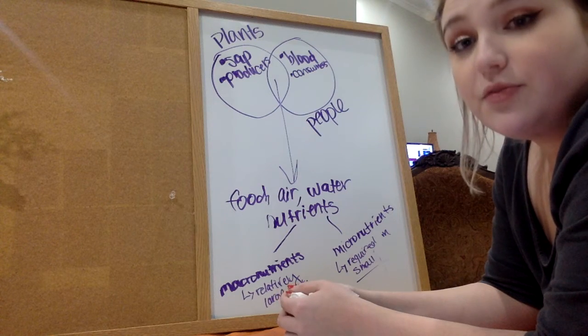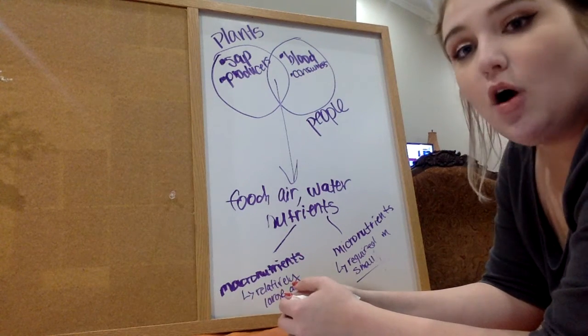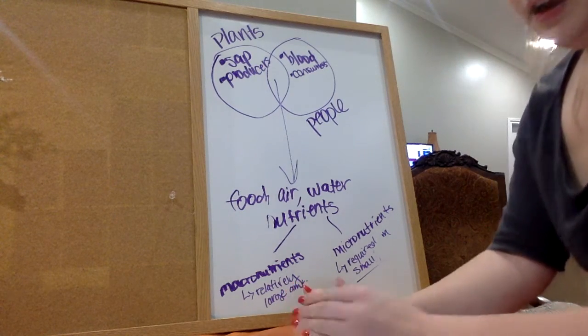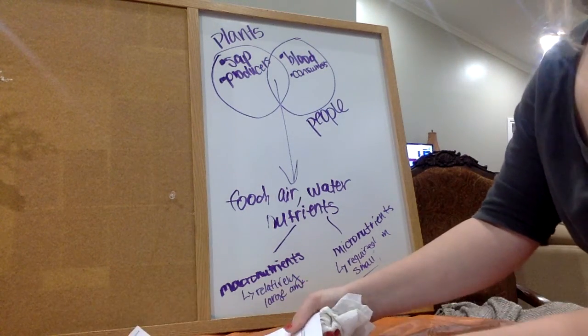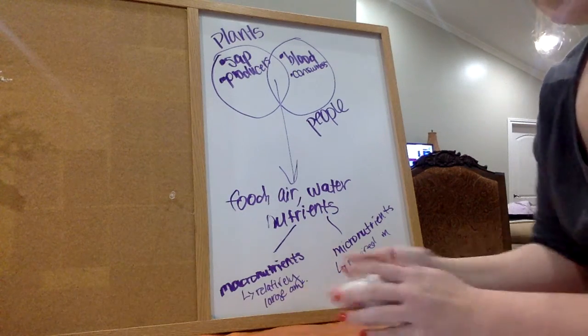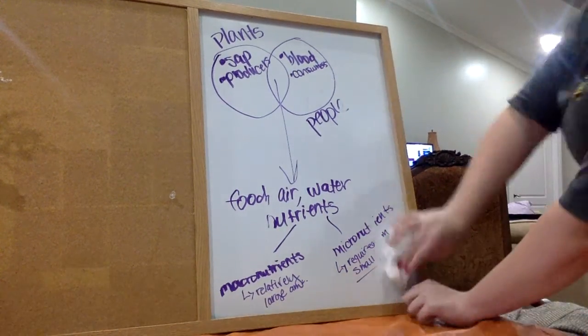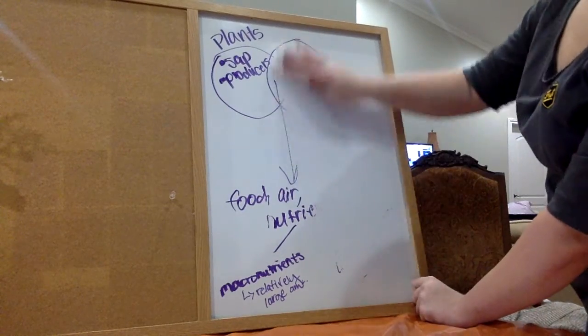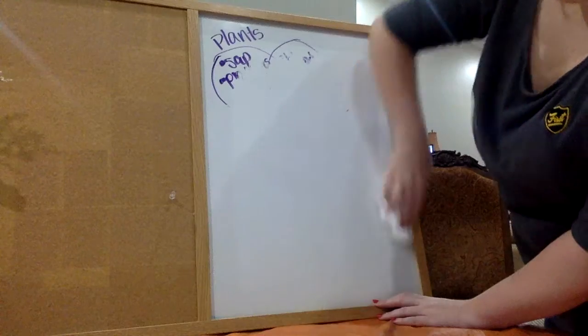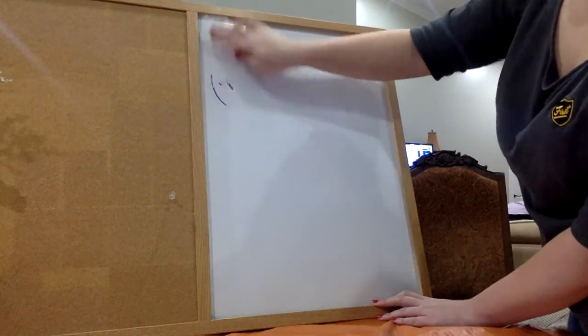The three most important are nitrogen, phosphorus, and potassium. So we're going to talk about nitrogen first. Nitrogen is the builder, and it's important for both plants and people. We both need nitrogen.